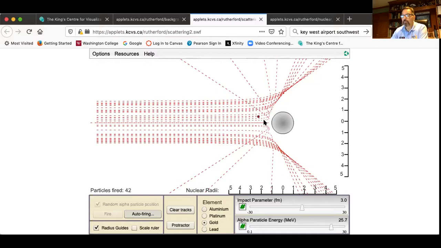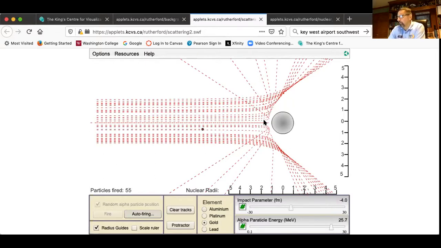And then he realized, well, he shot the alpha particle so fast that it just wasn't repelling and coming straight back. And from that, he was able to do a calculation estimating what the size of the nucleus of the atom was. And one of the groups, when we're done looking at the simulation, is going to do that calculation.